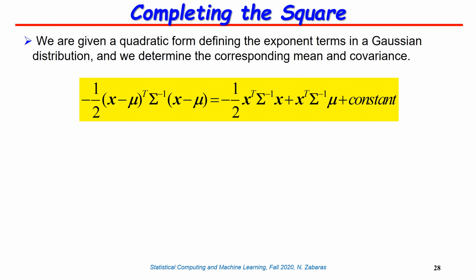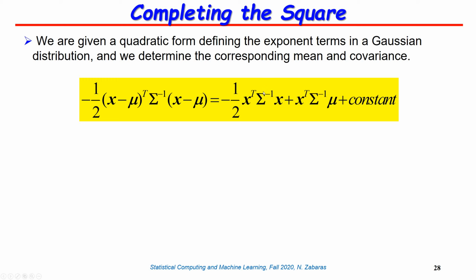Okay, so again, if we start with the right hand side and after some algebra we get something like that, we know that we can turn this into a Gaussian with covariance sigma and a mean defined through the linear term.